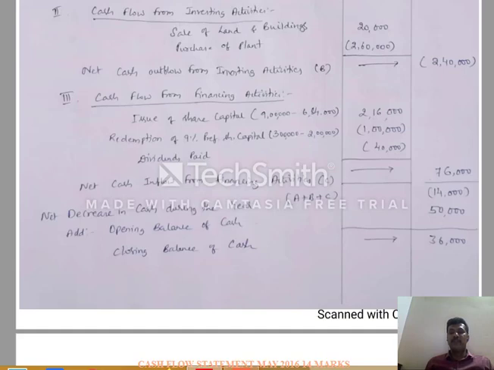So here we are getting a negative balance, minus 14,000, and we have to treat it as net decrease in cash during the year. So for that we have to add the opening balance of cash as per the balance sheet, that is 50,000, so as to get the closing balance of cash of rupees 36,000.